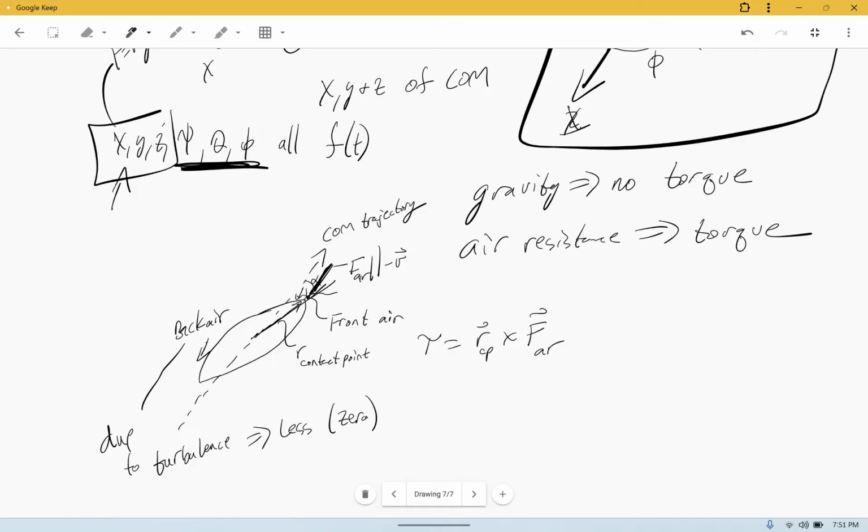And it turns out I did this in the Lagrangian formalism, because when you do angular Lagrangians, we'll have some sort of kinetic energy.